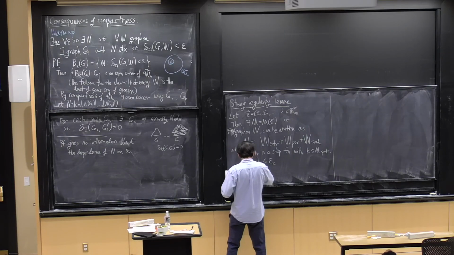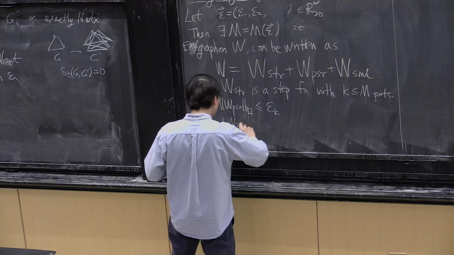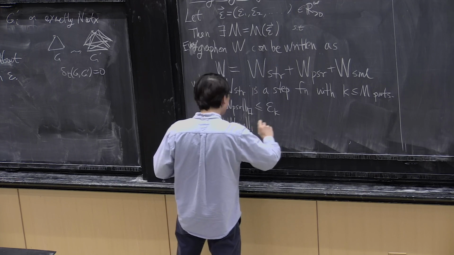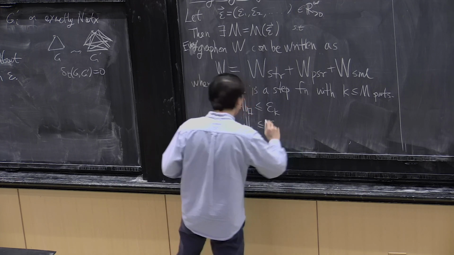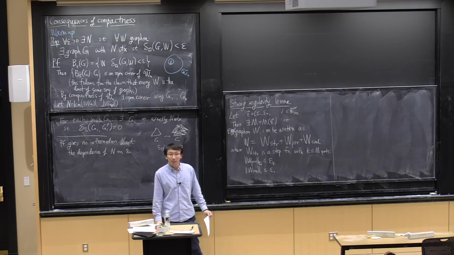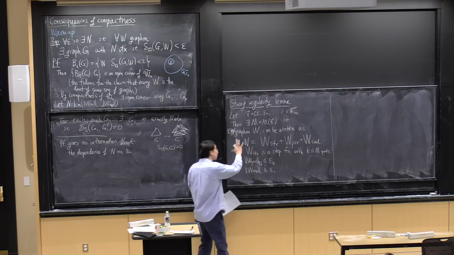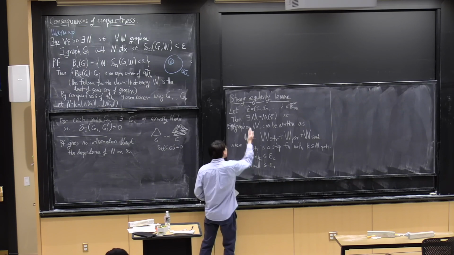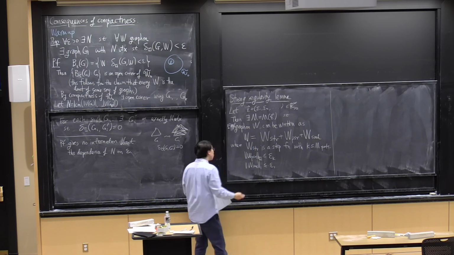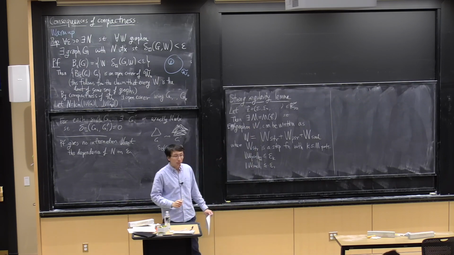And finally, the small part has L1 norm bounded by epsilon 1. So that's the claim. There exists some bound M in terms of these error parameters so that you have this decomposition.